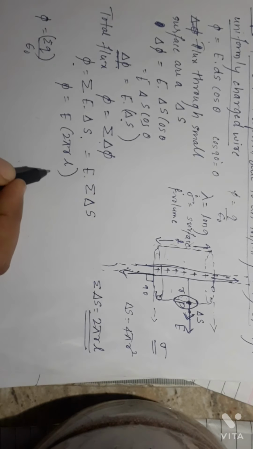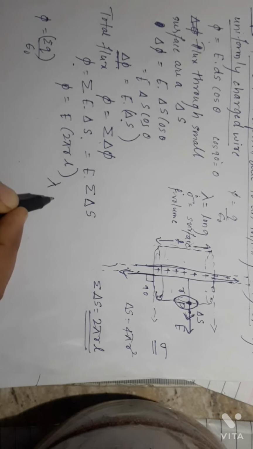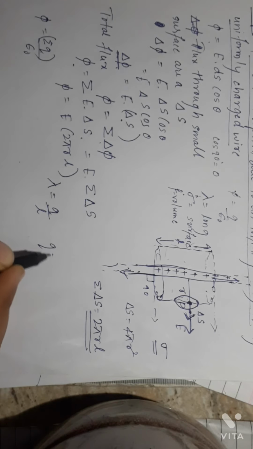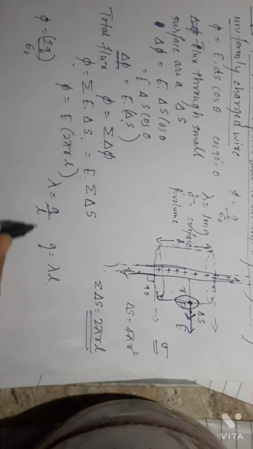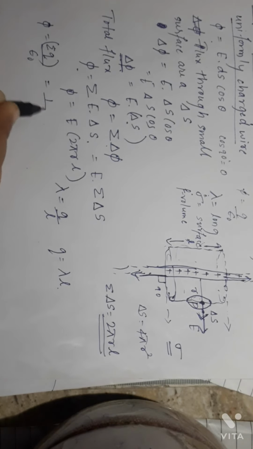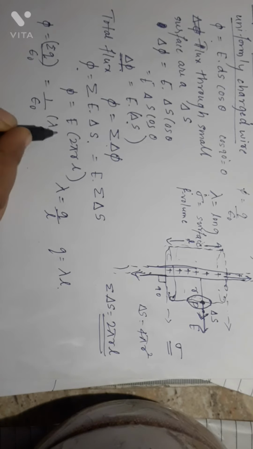Linear charge density is charge per unit length, so the charge q is equal to lambda into L. So phi will be 1 by epsilon naught into lambda into L.